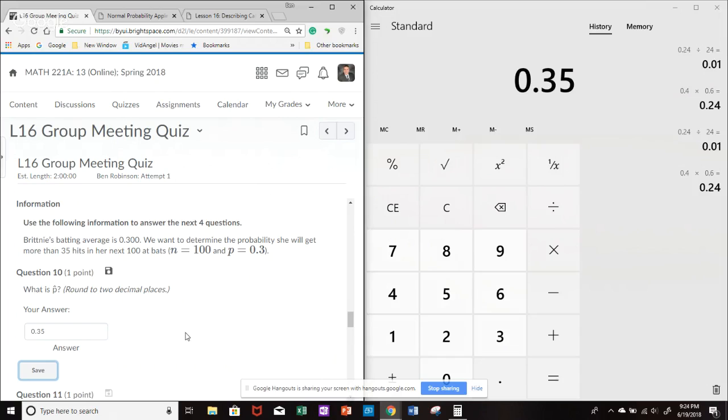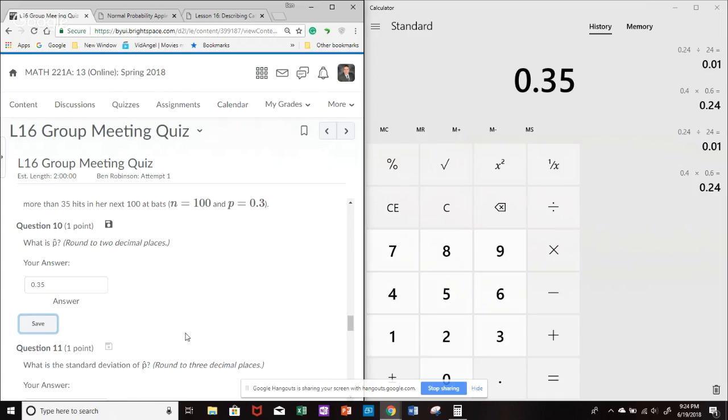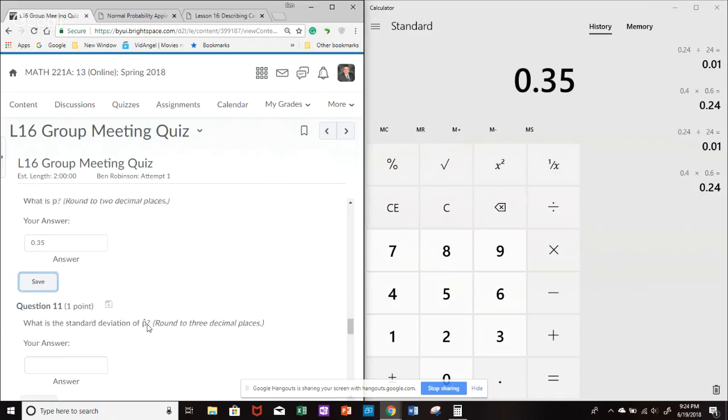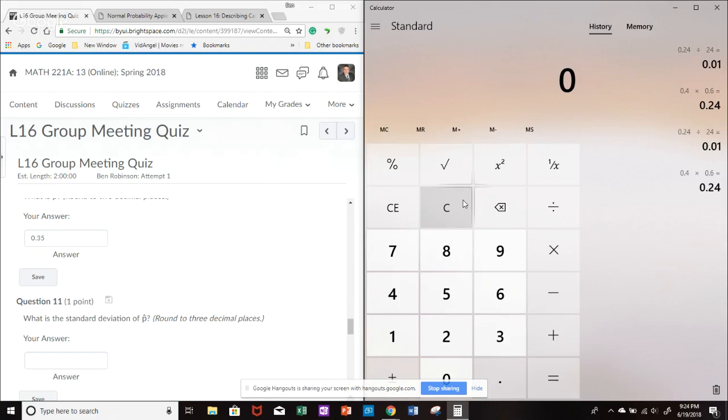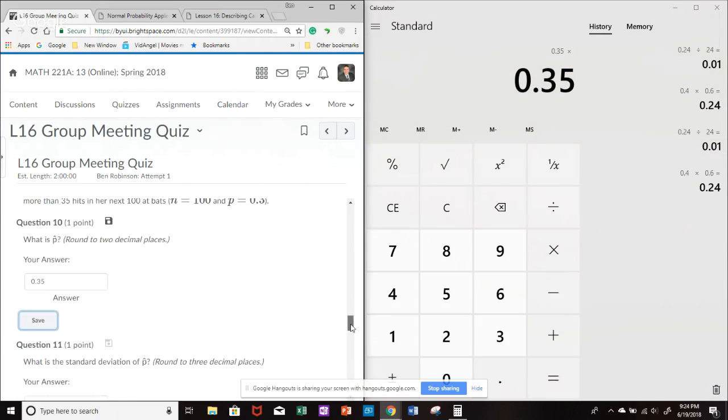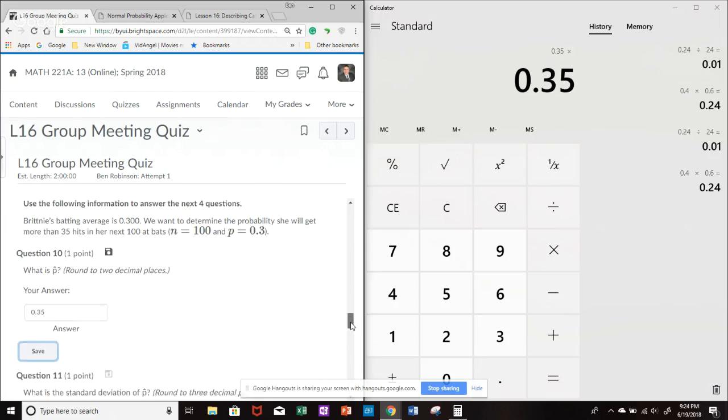The next one says, what is the standard deviation of p hat? Here again we need to use the formula, right? The square root of p, which is 0.3, times 1 minus 0.3, divided by 100.